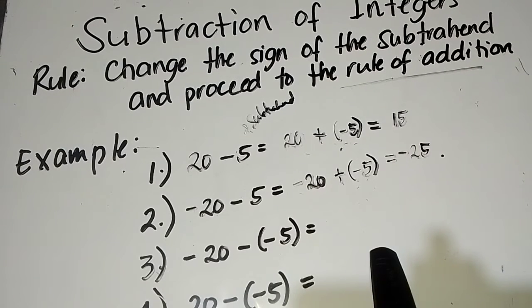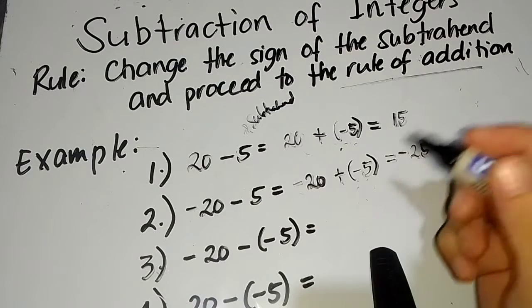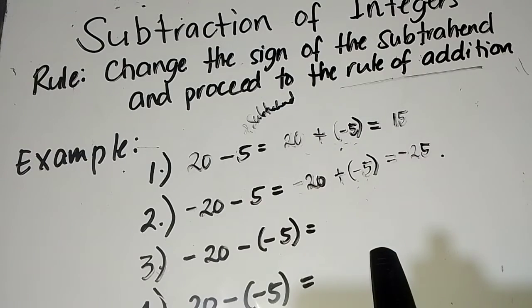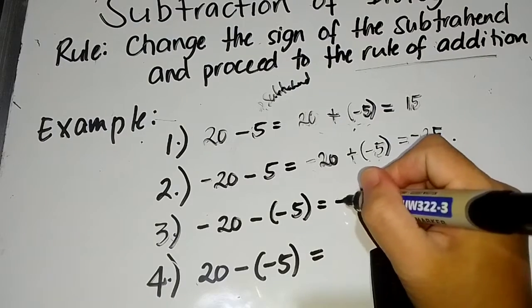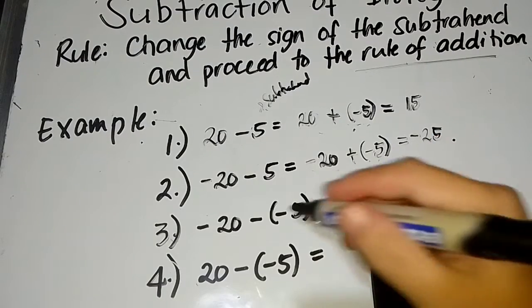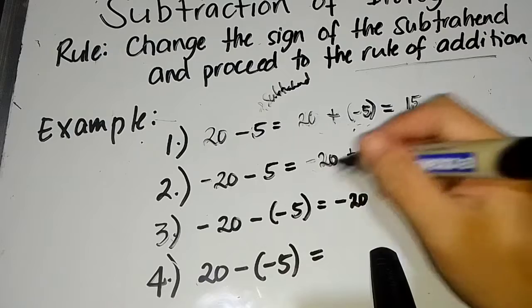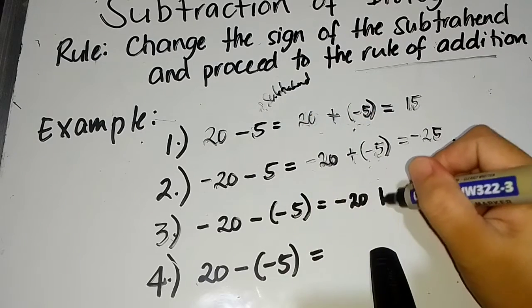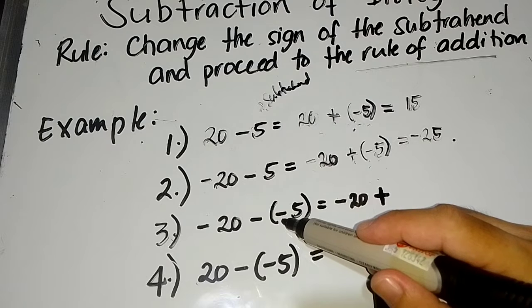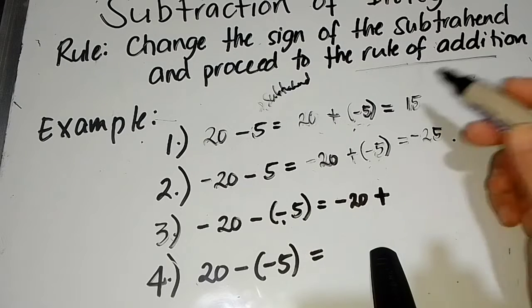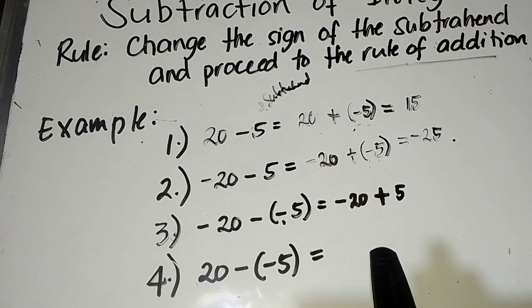Next, problem number 3, we have negative 20 minus negative 5. The same, copy negative 20. Then, instead of subtraction, we are going to add and change the sign of your subtrahend, which is negative 5, so it will become positive 5.